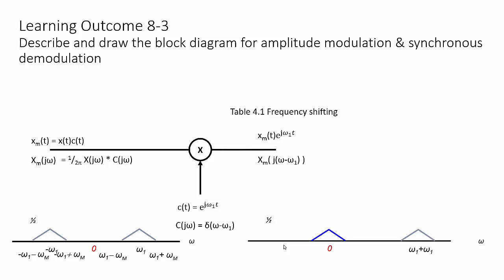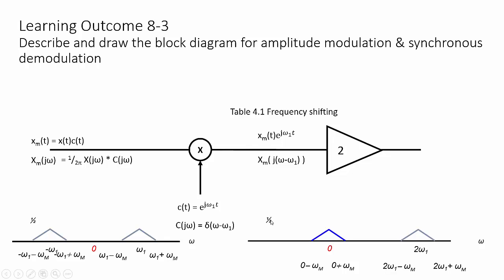So on the right, we have omega 1 plus omega 1, or 2 omega 1. We know that the boundaries of each of these spectral components is omega m away from its center. So 0 plus omega m, 0 minus omega m, 2 omega 1 plus omega m, 2 omega 1 minus omega m.